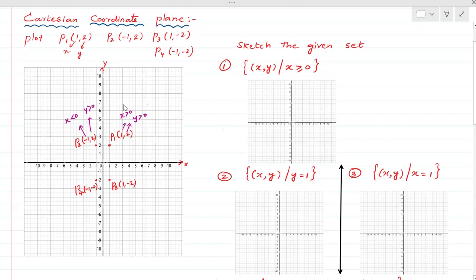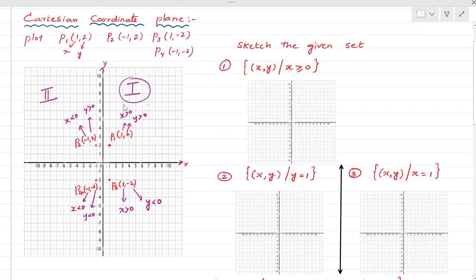Similarly, the third quadrant has x negative and y negative. Now the last quadrant has x positive, but the value of y is less than 0, negative.